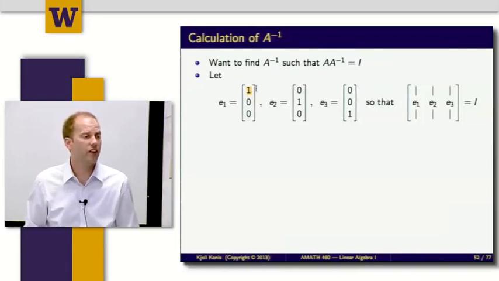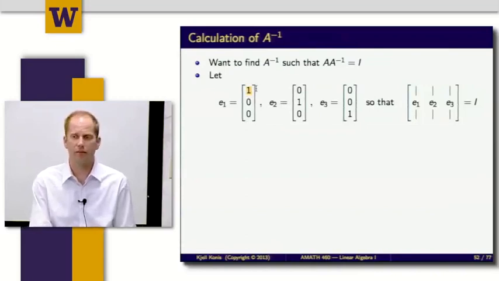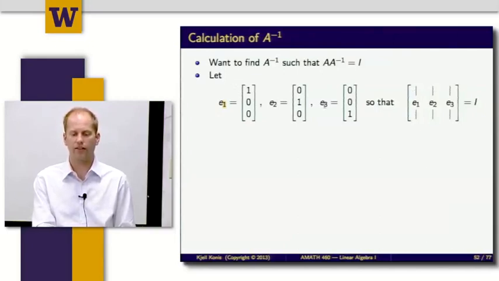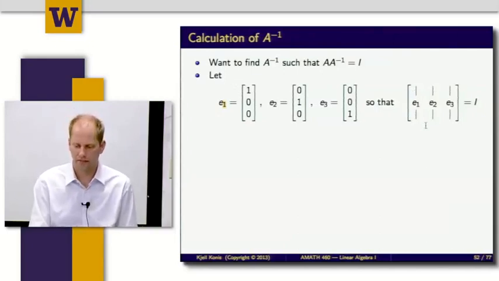In general, in n dimensions, I have E1 up through En, and it's all 0 except for the ith element, which is equal to 1. Then E2 is 0, 1, 0, and E3 is 0, 0, 1. If I bind all 3 of these vectors together, E1, E2, E3, that's just going to be the identity matrix. You can almost see it here: I just have 1s going down the diagonal.